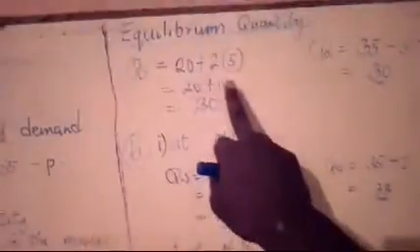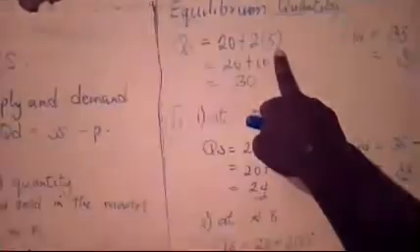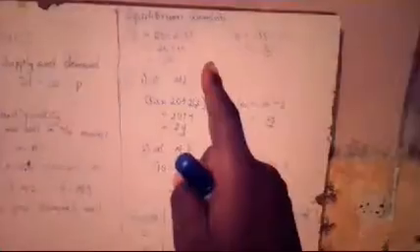Therefore, your equilibrium quantity supplied will be 20 plus 2, substituting the equilibrium price, which was 5 naira, for the p in the equation. What we have is equilibrium quantity supplied equals 20 plus 2 times 5, and that gives us 20 plus 10, which equals 30.